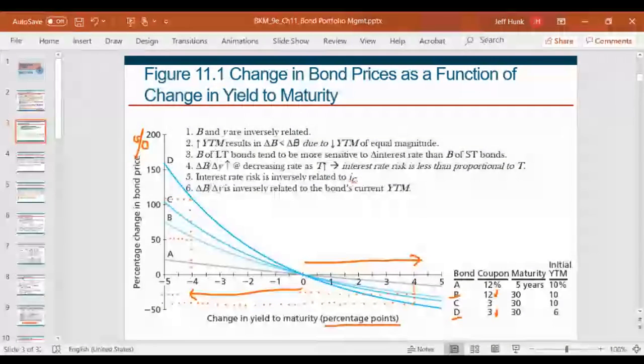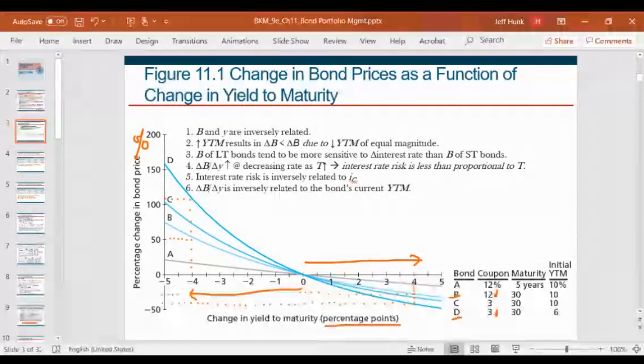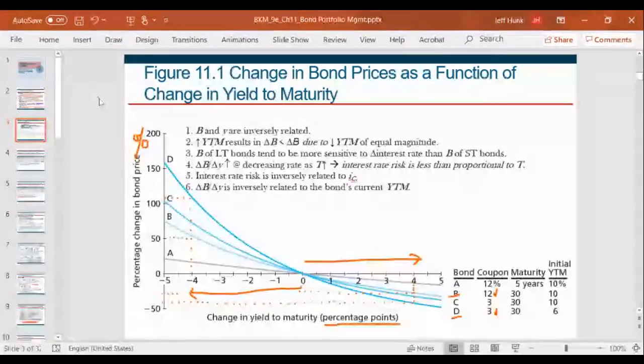So when the interest rate goes up by the same magnitude, right? Both 4%, 4%, right? But the change in price is asymmetrical.